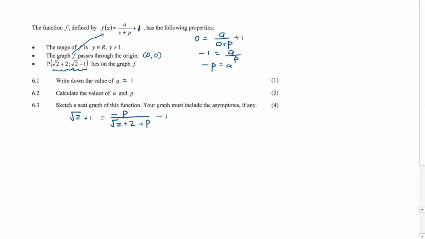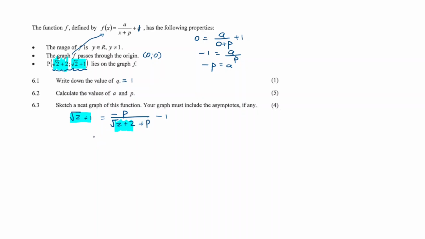Okay, so just that you can see the y value has been substituted in there and the x value has been substituted in there, and at the same time instead of writing a, I've just put minus p, so that all of this is just in terms of p now. Now it just becomes the headache of trying to work it out.